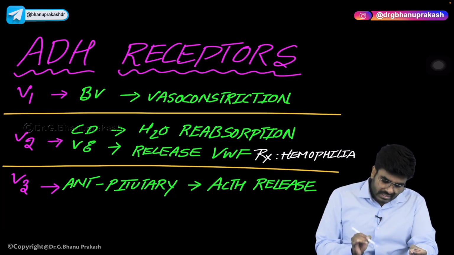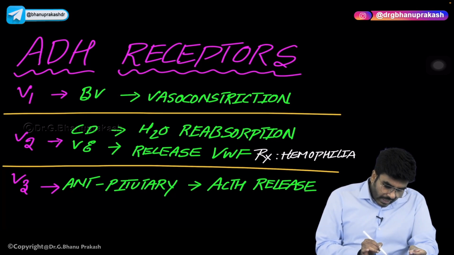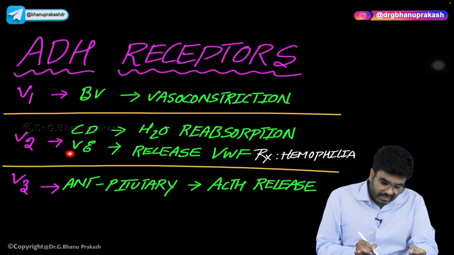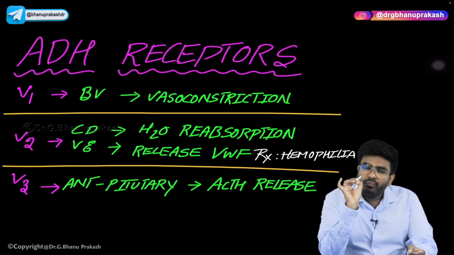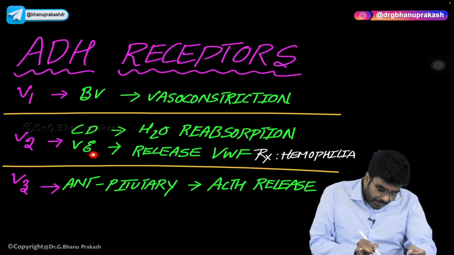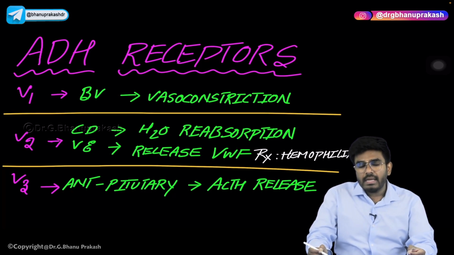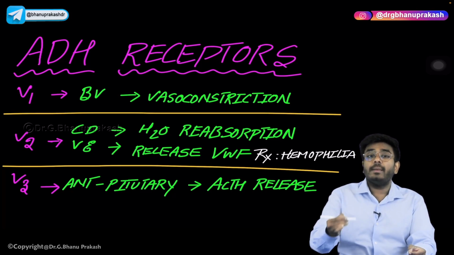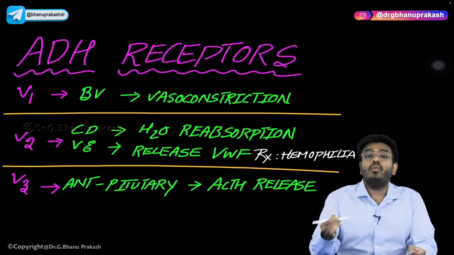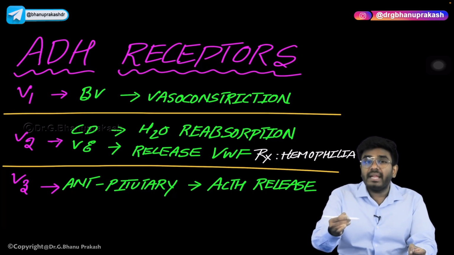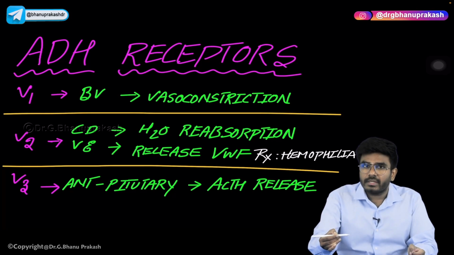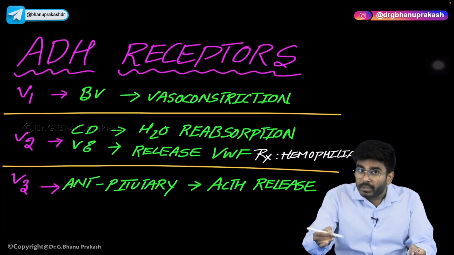We know from the concept of antidiuretic hormone that the V2 receptors are present on the vascular endothelium. If you can stimulate the V2 receptors on vascular endothelium, it releases more and more von Willebrand factor. That von Willebrand factor helps in primary clot formation. It helps in platelet adhesion and platelet aggregation. So bleeding will be stopped.